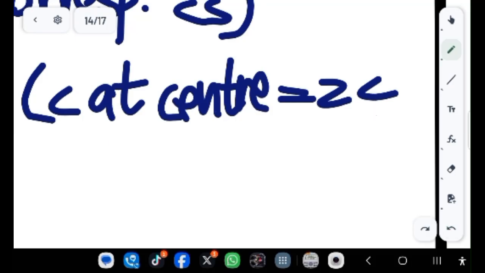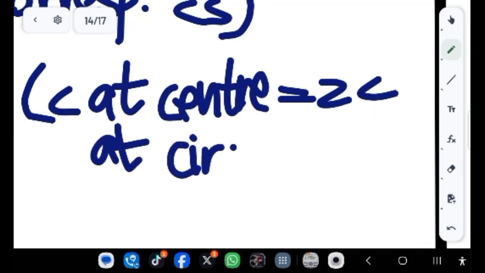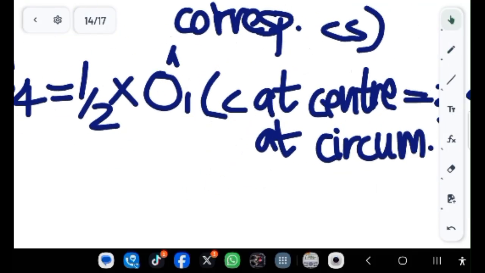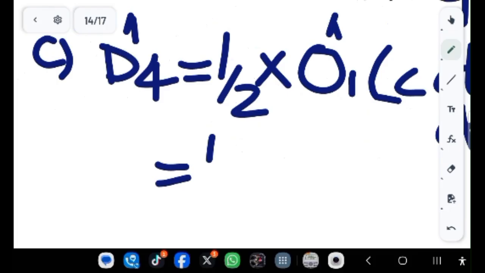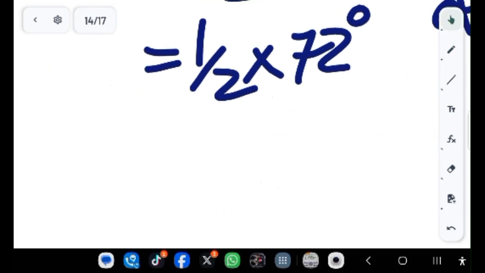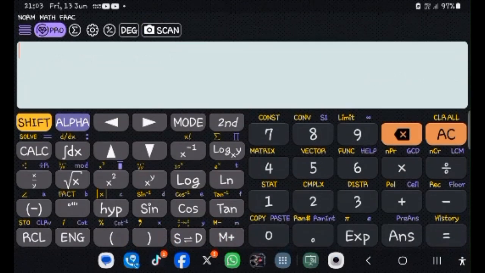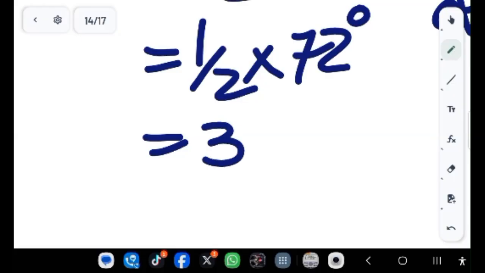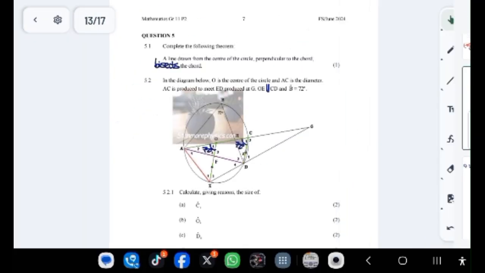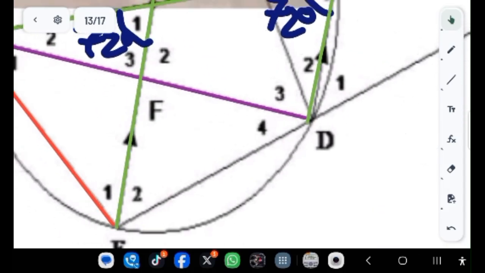That is equal to half times 72, which is 72 divided by 2. That is 36. Let's go back and pencil it in: 36 degrees.